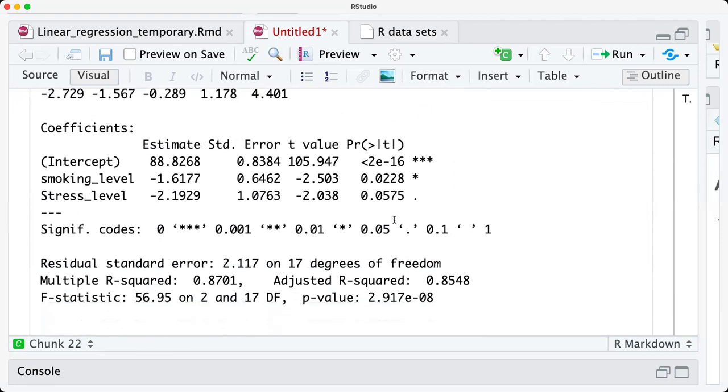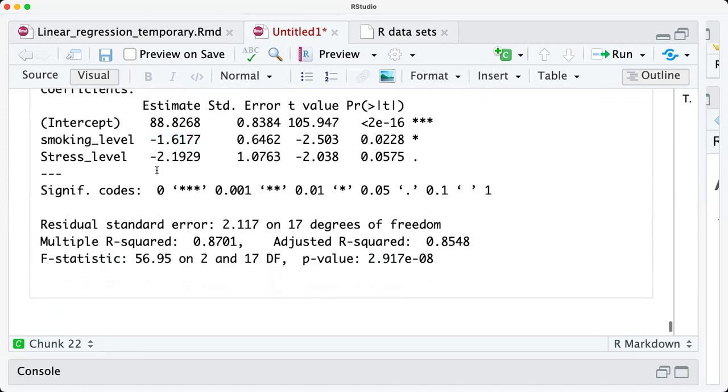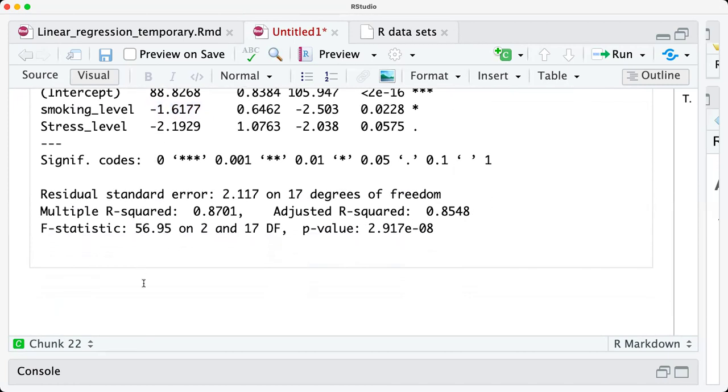The smoking level and the stress level both influence the life expectancy.